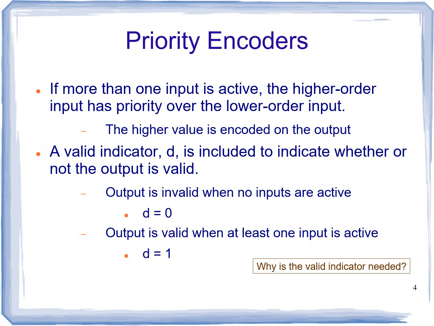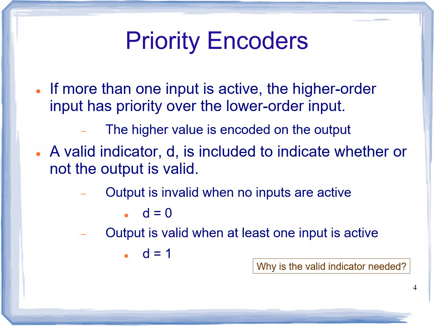Based on the priority, the bits will be active at a time. If all the bits are 0, then an additional bit, the valid bit, is taken here. It is denoted as D. The D is 0 if all the inputs are 0. If any one of the inputs is active, then D is equal to 1. So based on this priority, the priority encoder works.